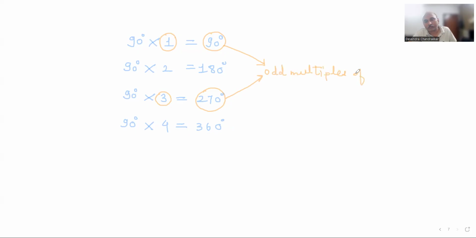Yes or no? Yes, sir. Okay. These are even numbers. So that's why 180 and 360 degrees are even multiples of 90 degrees. So all of you remember the even and odd multiples.